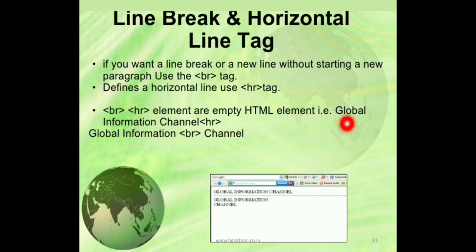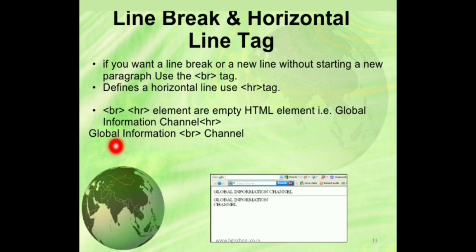Now this, from global, we have to write in the body tag. In Notepad, inside the body tag you will write global information channel, then HR. That means after this there will be a horizontal line. So here you can see global information channel, and then there is a horizontal line. Now global information, and then BR.